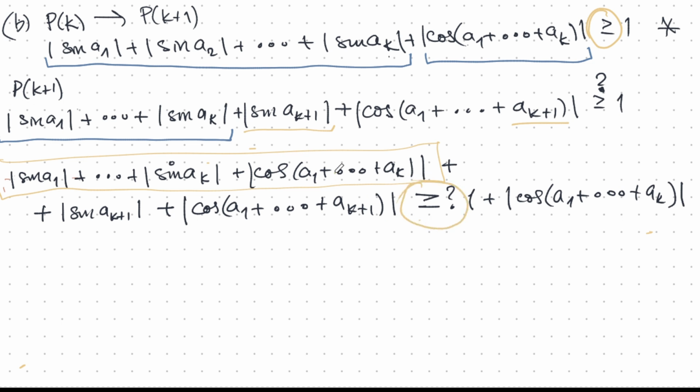If this is still true when I replace this with 1, then of course it's going to be true when I put back this whole expression here in the yellow. Do you see what I mean? So if I prove it for a narrower case, if I make this smaller by replacing it with 1, and I can still prove this, then we're okay.